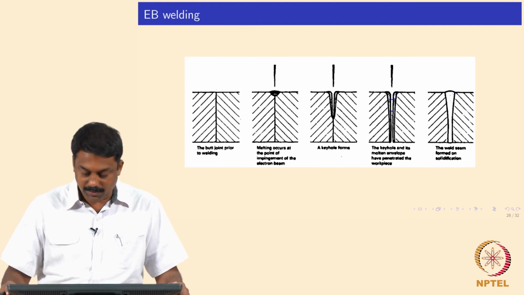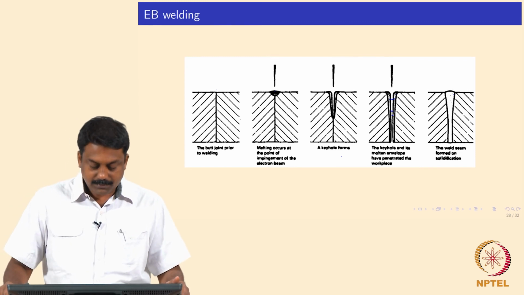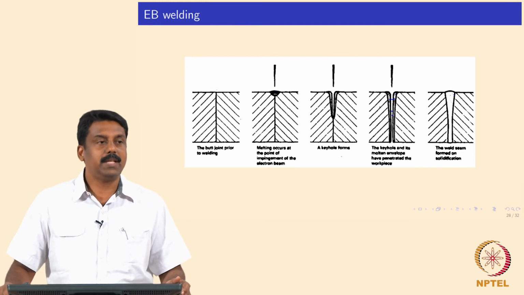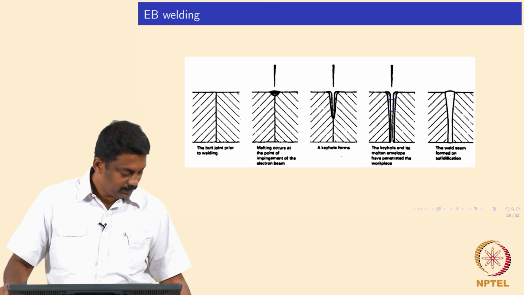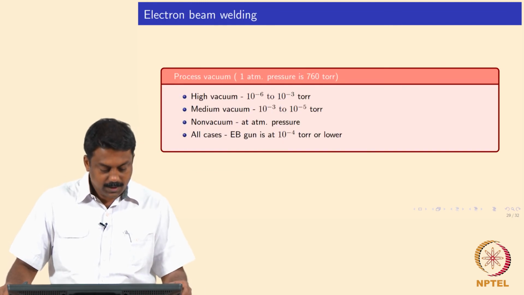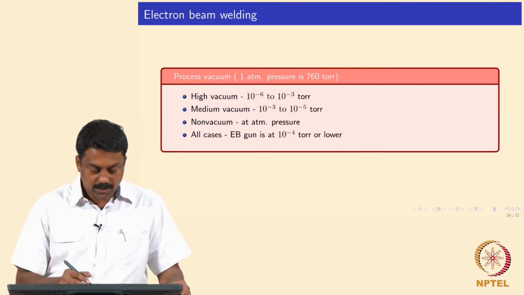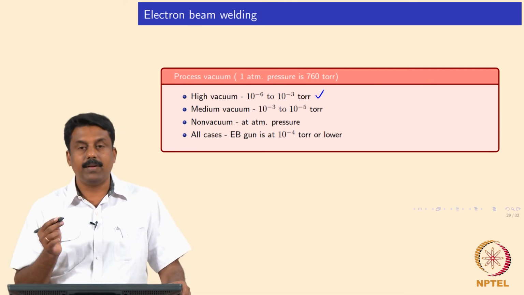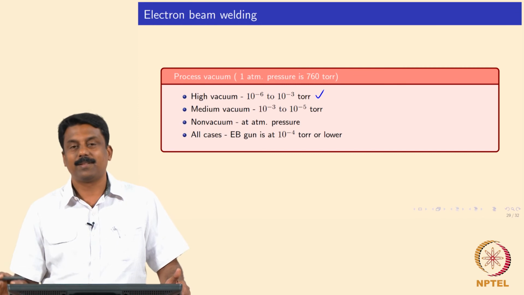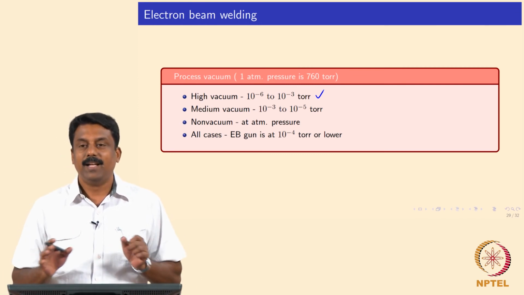So, the sequence of the weld formation. Any questions? Okay. So, in most of the cases we need to maintain a very high vacuum. Nowadays we also have an atmosphere system, but it is not really an atmosphere system.